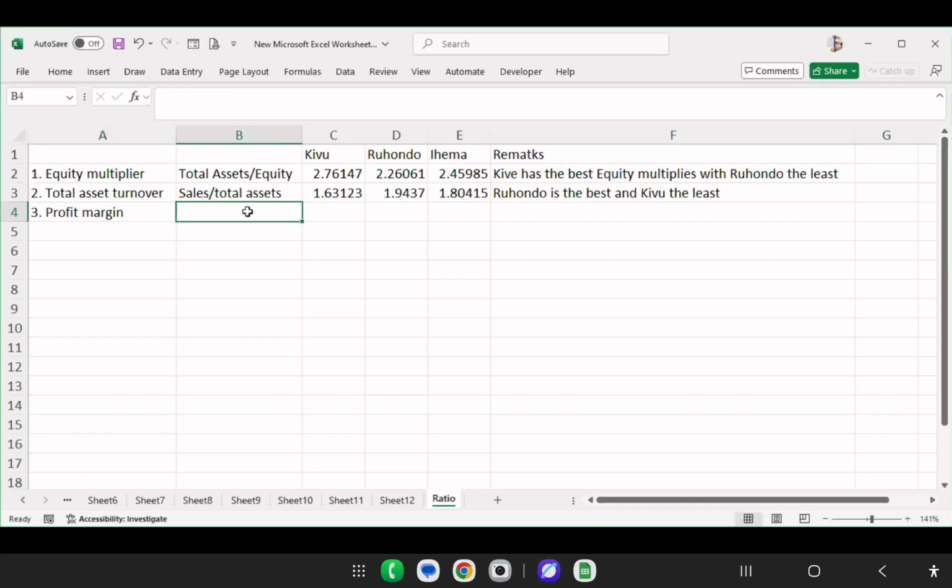This one we talk of net profit divided by sales. Net profit divided by sales. So we got the sales and the net profit.